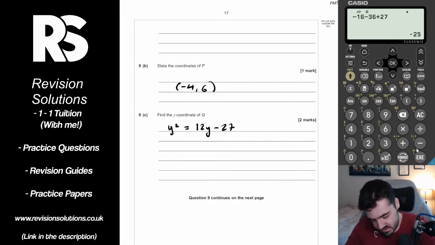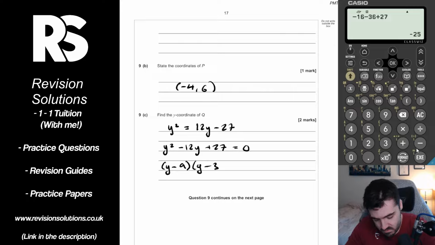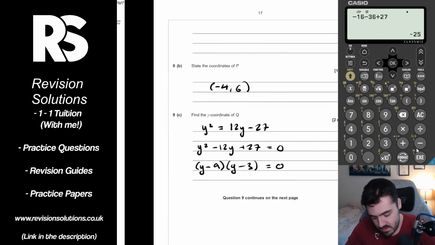Then bringing that to one side, it's just a quadratic: y squared minus 12y plus 27 equals 0. Factors of 27 are 9 and 3, which is convenient because that can give me a 12. So y minus 9 and y minus 3 equals 0. So y could be 9 or 3.